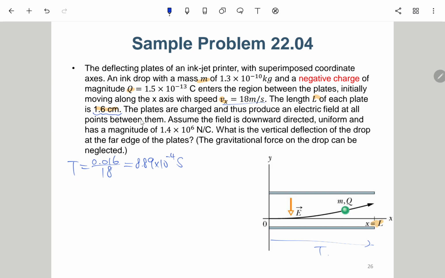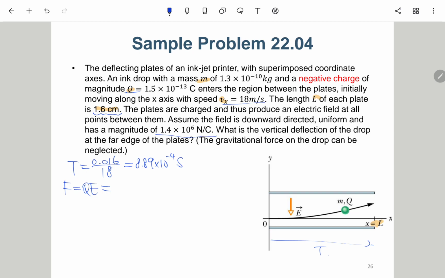Okay, so next we can calculate the force acting on the ink, or the charge. So F equals QE, with capital Q. Where is E?